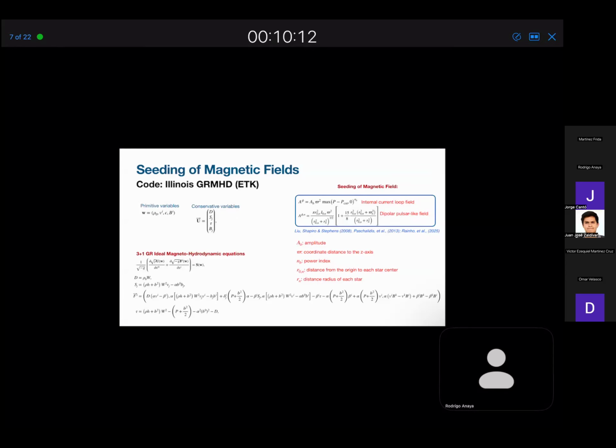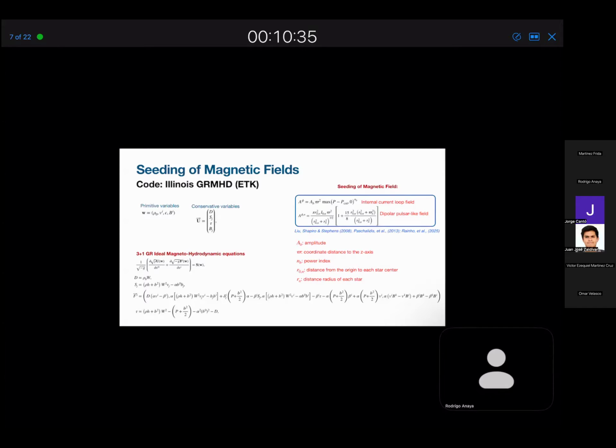You may remember that we had these GR hydro equations for evolving our matter-energy components. But in this case, we're going to add the evolution of the magnetic fields as well, so we have a new definition for these equations.